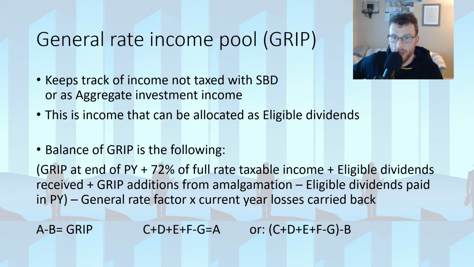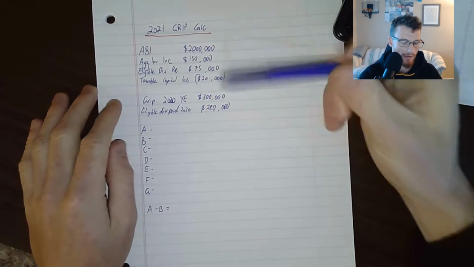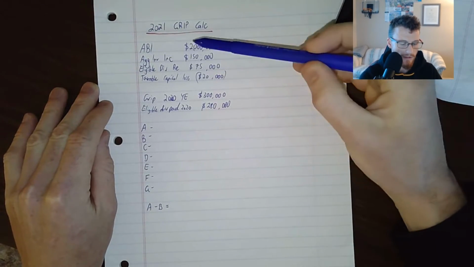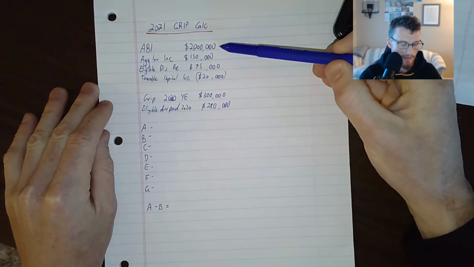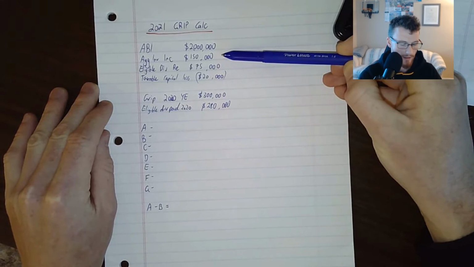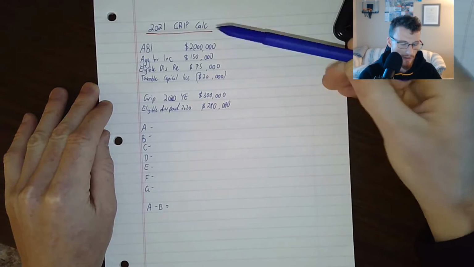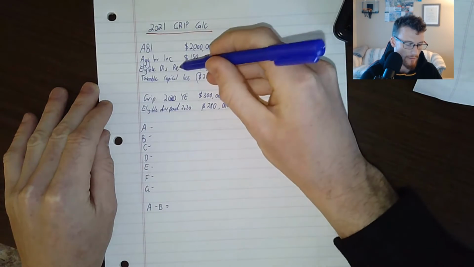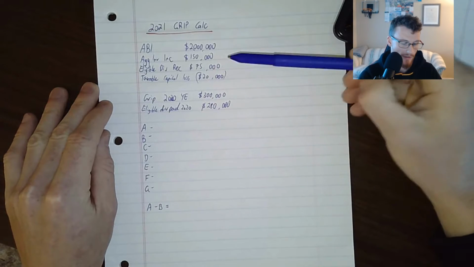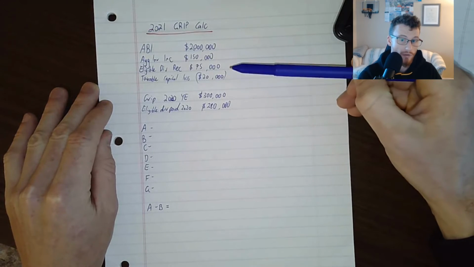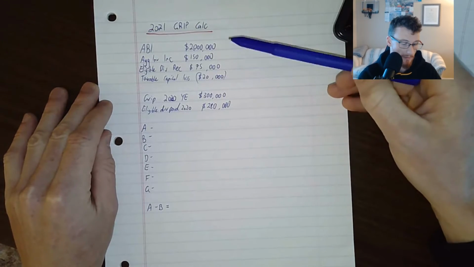I'm going to shoot over to an example where I will show you. Alright, let's look at this scenario here. We have active business income of $2 million, aggregate investment income of $150,000, eligible dividend received of $75,000, and a taxable capital loss of $20,000, noting that the full capital loss would have been $40,000.